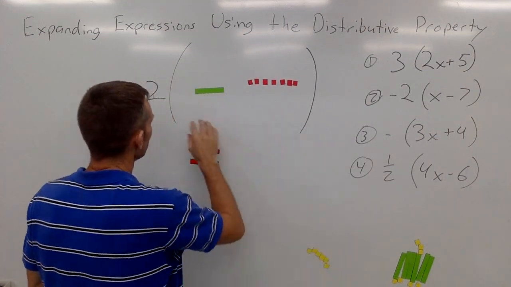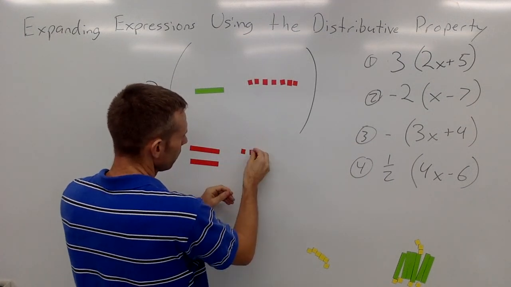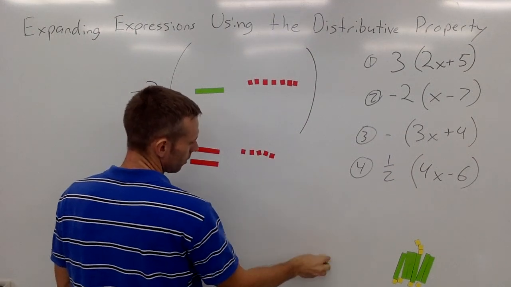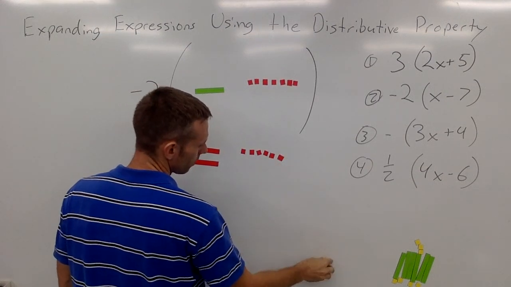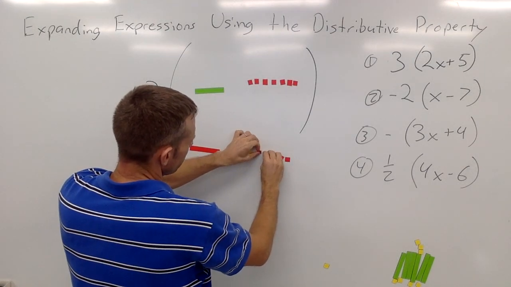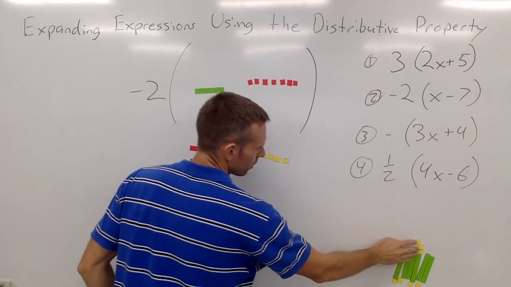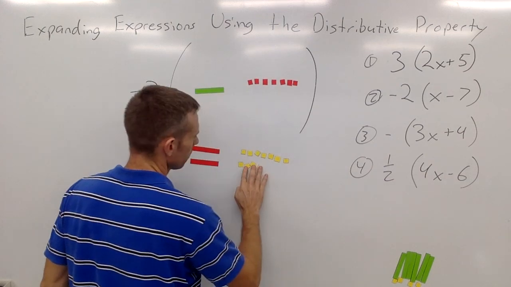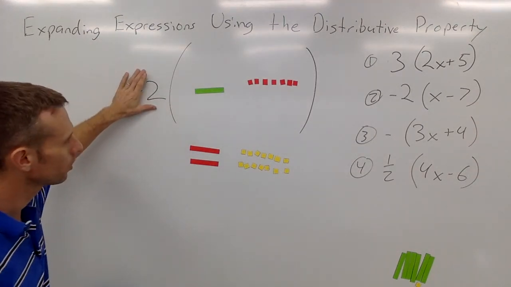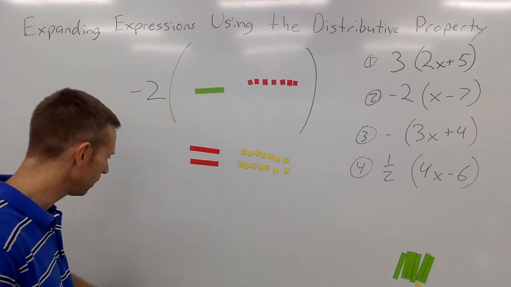And then negative 2 times our negative 7. Well, if it was 2 times negative 7, it would just look like this, 1, 2, 3, 4, 5, 6, 7, right? But since it's negative, we're going to flip this to make it positive. And there's 2 of them. So negative 2 times negative 7 is a positive 14.